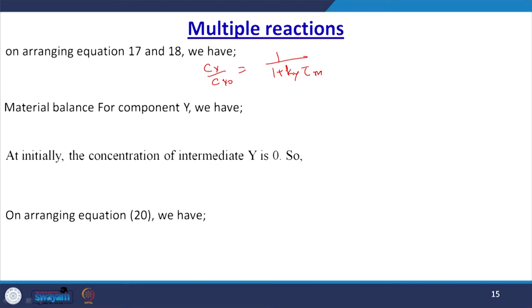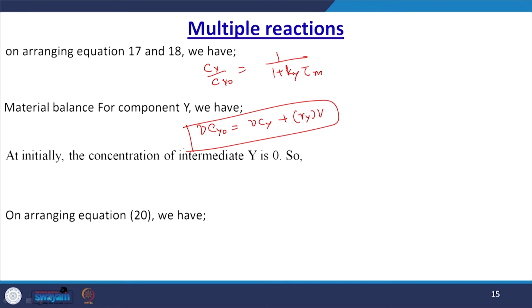For the material balance equation, if we try to write the material balance for component Y, we may have nu Cy naught is equal to nu Cy plus R, because the sign of this Ry is put positive since it is being consumed in due course of time.